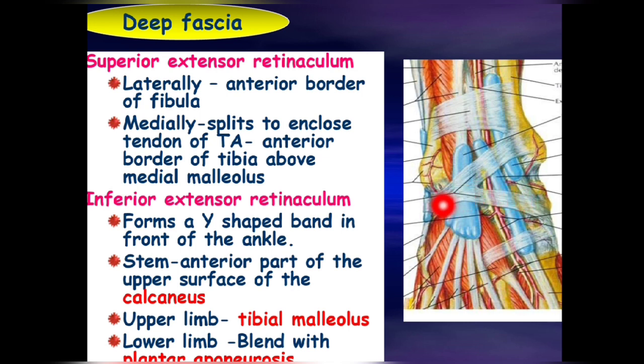Stem of Y is attached with the anterior part of upper surface of calcaneum. Upper limb of this inferior extensor retinaculum is attached with tibial malleolus and lower limb blends with plantar aponeurosis.